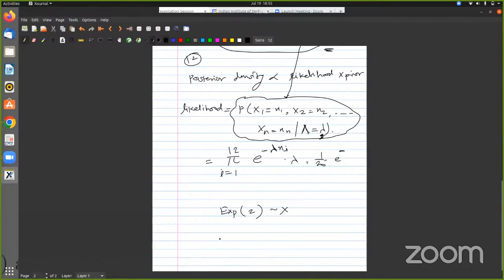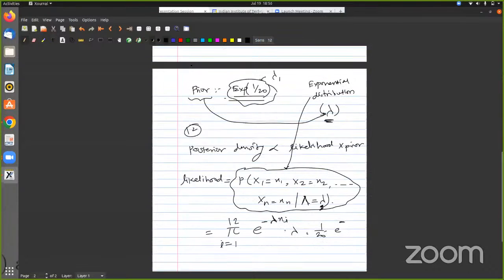So what is the function for x? It is 2e to the power minus 2x. If this is a function for lambda, then how will I write it? 2e to the power minus 2 lambda. Correct.